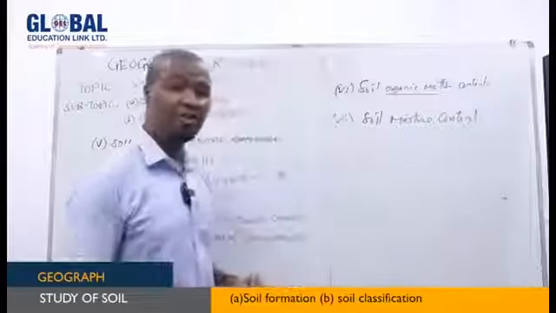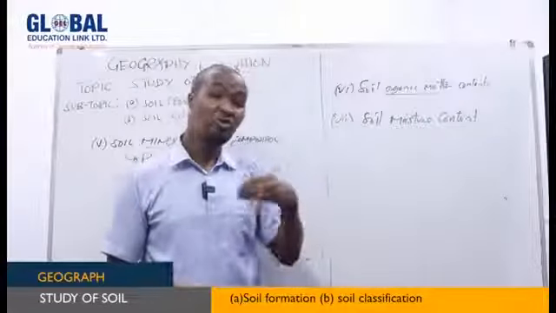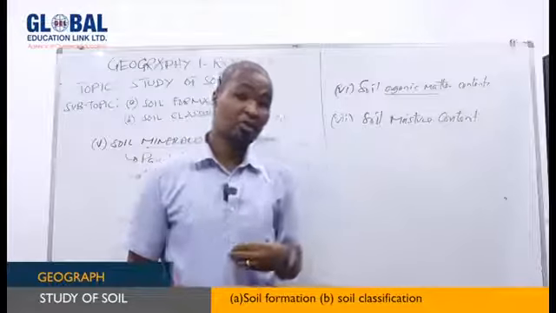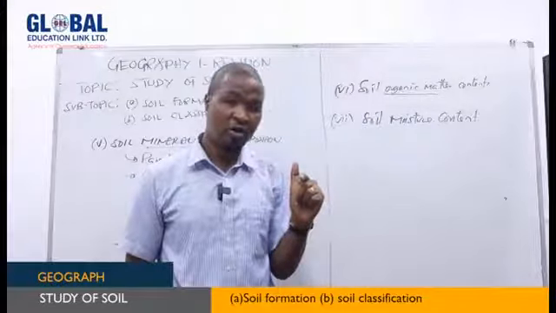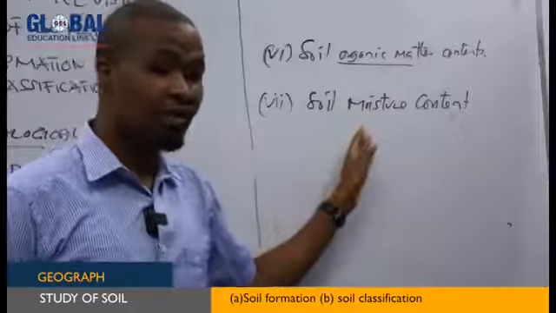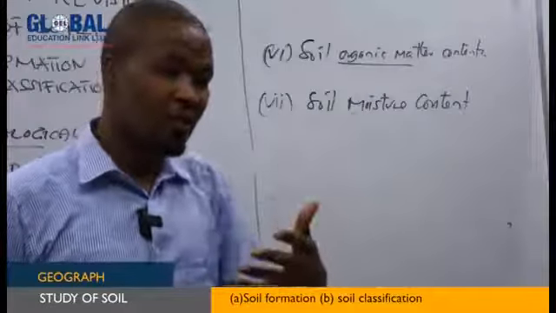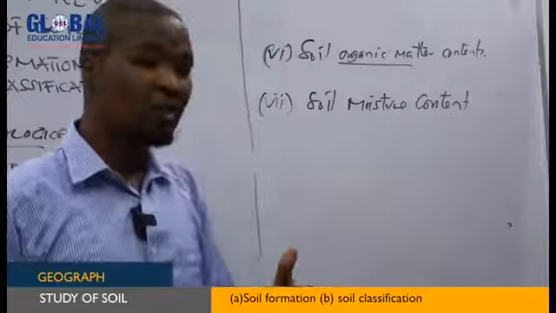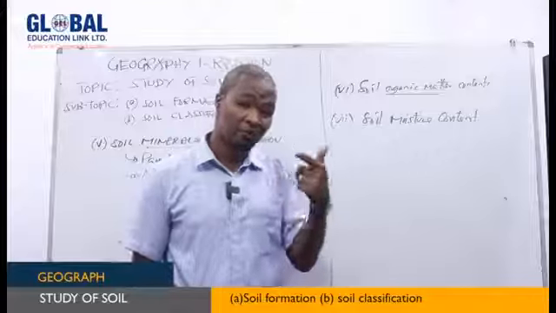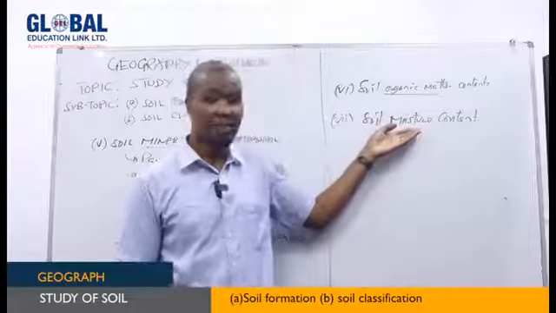When I say soil moisture content, I mean the amount of moisture within the soil body. Remember, pure dry soil is less productive than soil which has more moisture content. For a seed to germinate, it needs moisture.